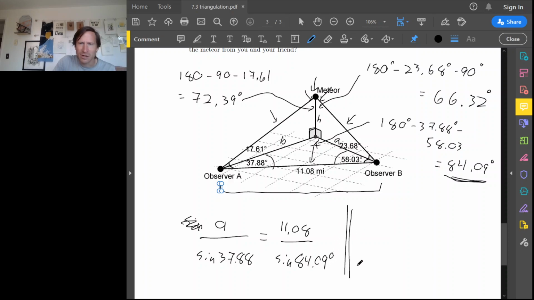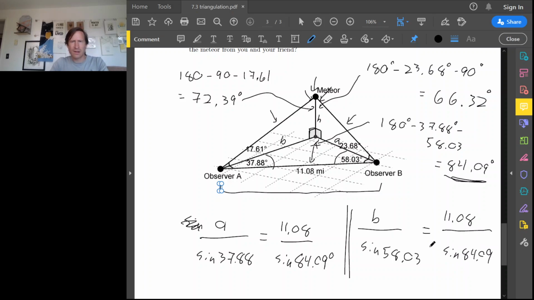While we're at it, we're going to need the side length B as well, so let's find that one. B over sine of the opposite angle, 58.03, equals, and we're going to use the same known side-angle pair here, 11.08 over sine 84.09.